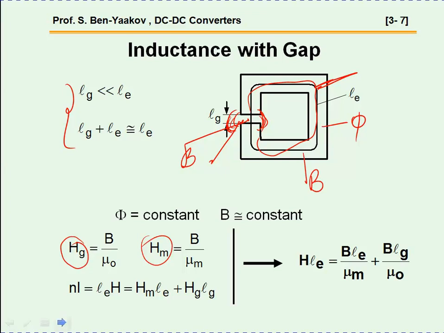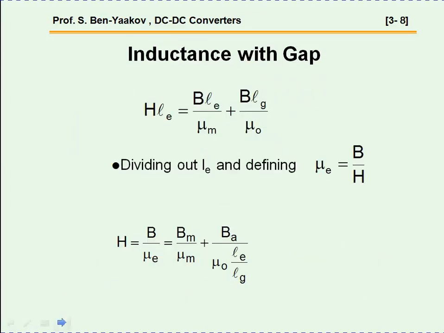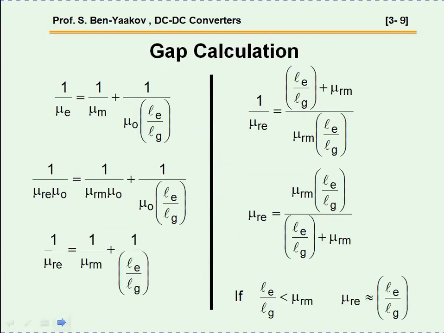Without going into too much mathematical detail, you can get an expression for H of the complete assembly, that is, mu e is now the mu of the composite element, that is the ferromagnetic material plus the gap, and then you can use some other relationship, but let me not go into it.